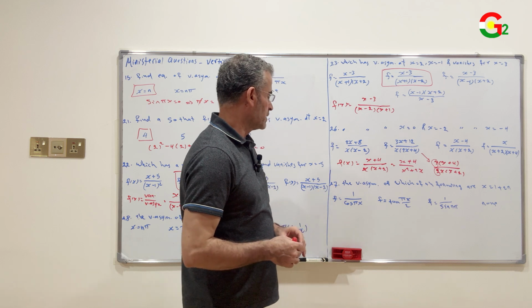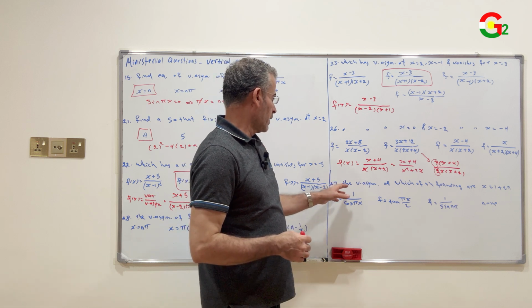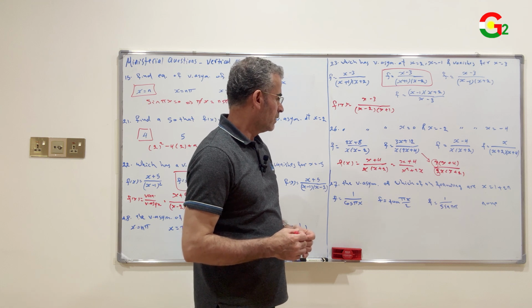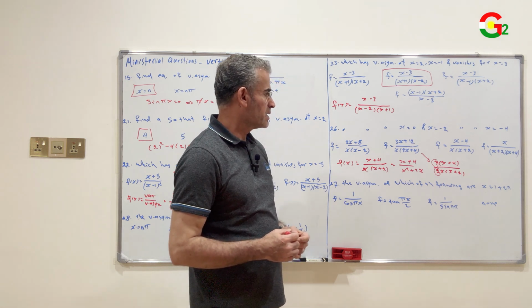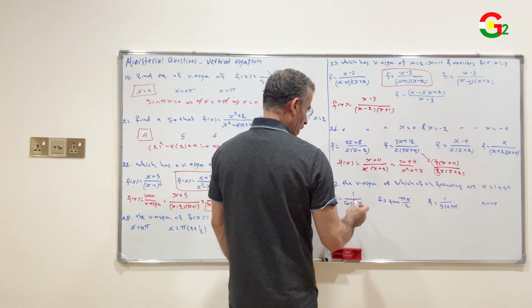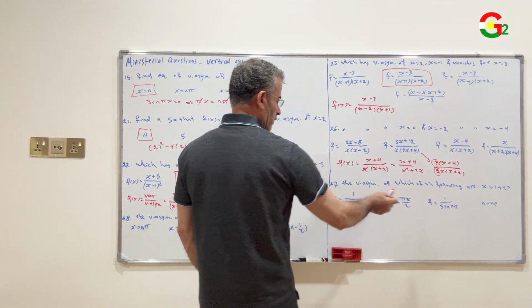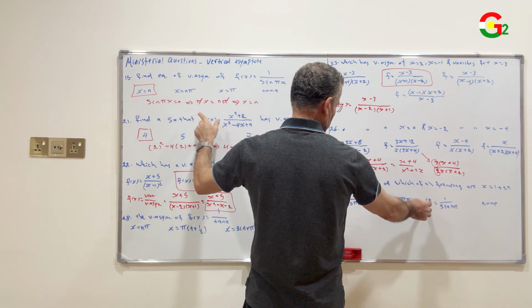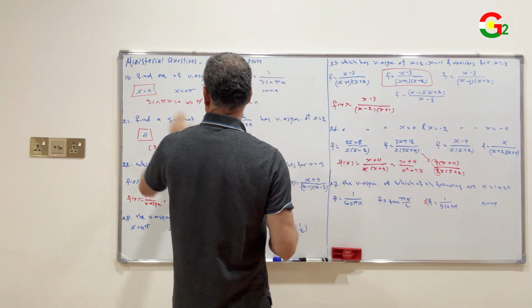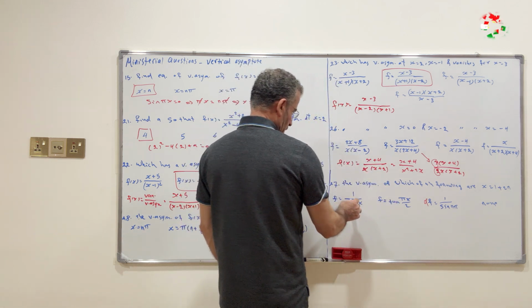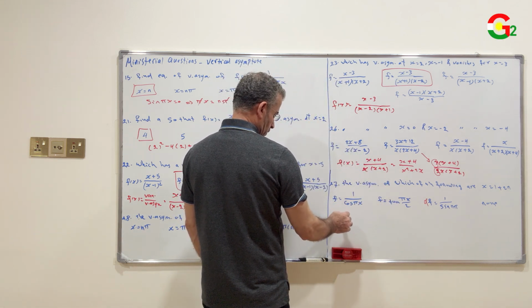Question number 27. The vertical asymptote of which of the following functions are x equal 1 plus 2n? I solved this function here already. It is not 1 plus 2n, it is x equal n. Let me check this function.